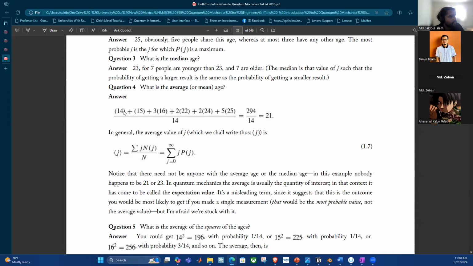Let's say how many people have age 14? One person. How many people have age 15? One person. How many people have age 16? Three people. You are doing the sum on the numerator and dividing it by the total number of people, 14. That is 21 actually.